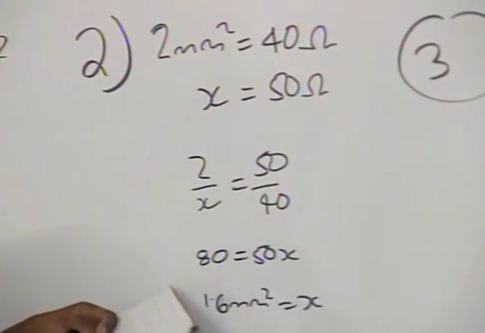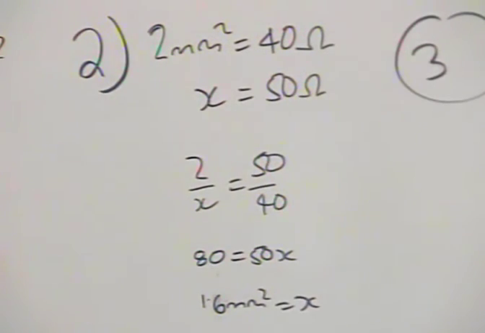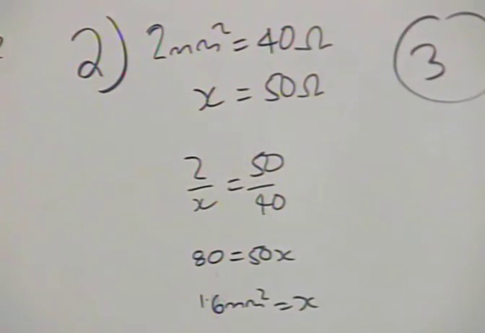Then you divide 80 by 50 and you get 1.6 square millimeters is equal to x. Okay, we'll check through these answers later on. We'll have the third person to go.